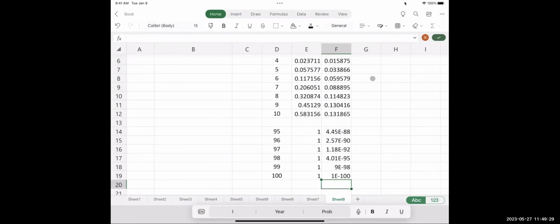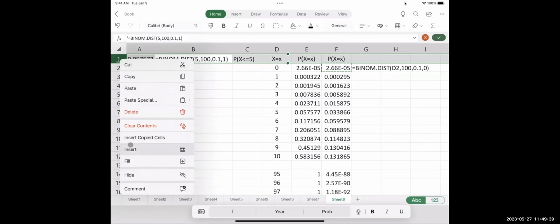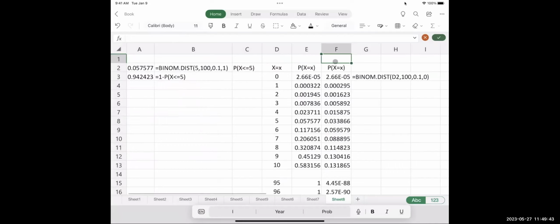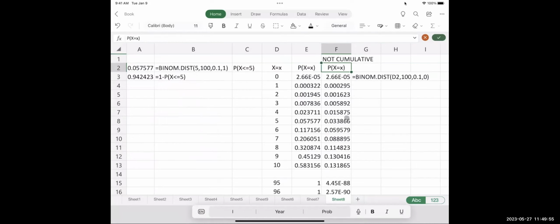Okay, so that's the binomial distribution. Are you guys following what I'm doing here? You want it not cumulative so you can see. Now, cumulative makes it easy to find the answers when you have to sum them, so it has a purpose.